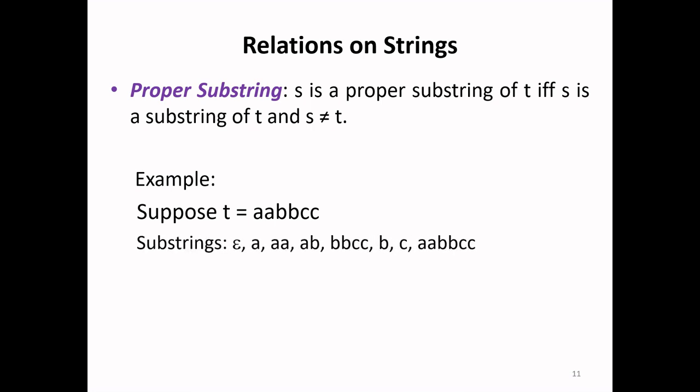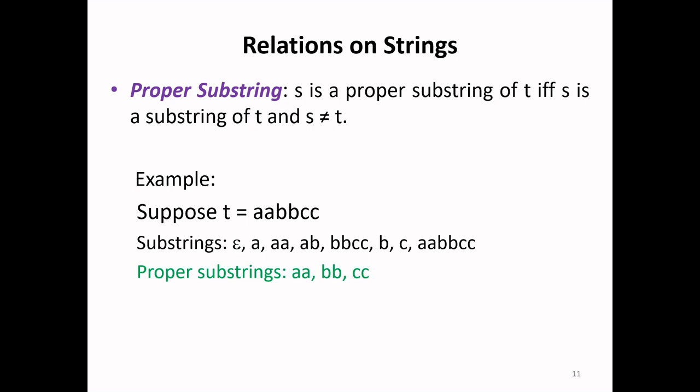Then possible substrings of this string are by default epsilon, A, 2 A's, 2 A's followed by B, 2 B's, 2 C's, a single B, a single C, AA, BB, CC, that is T itself, are all the possible substrings of T.